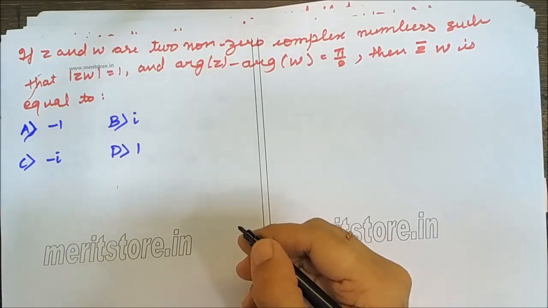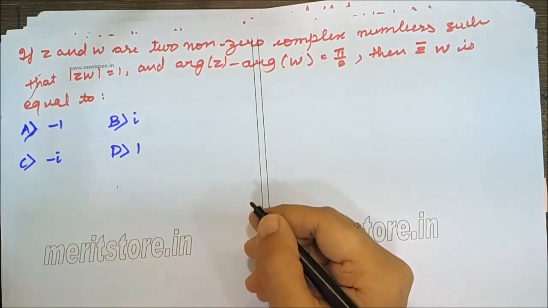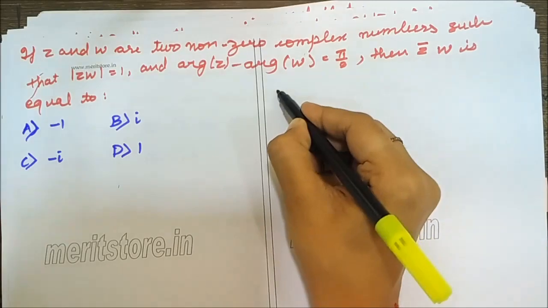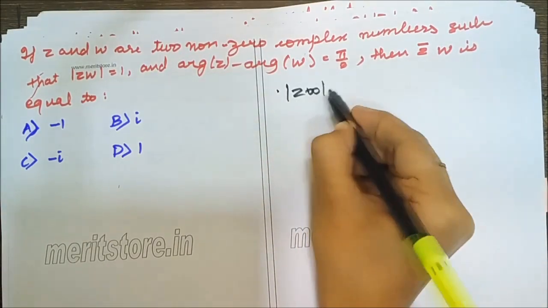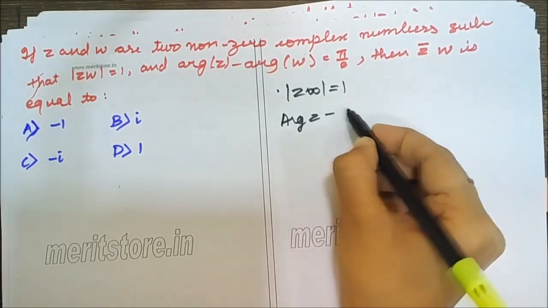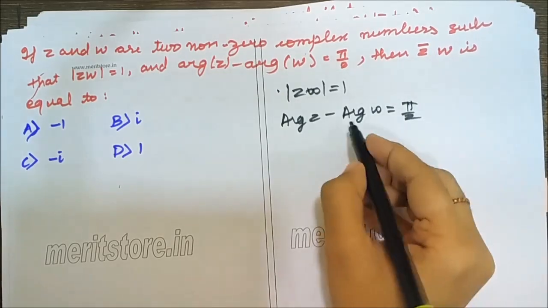Here our first step will be, let zw be equal to 1. So argument of z minus argument of w is equal to pi upon 2.